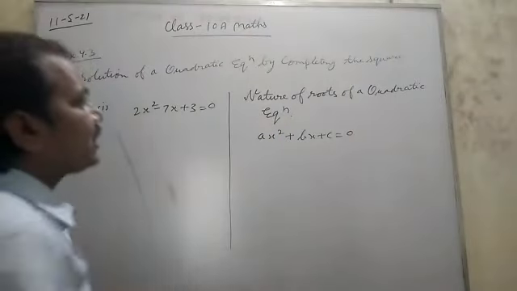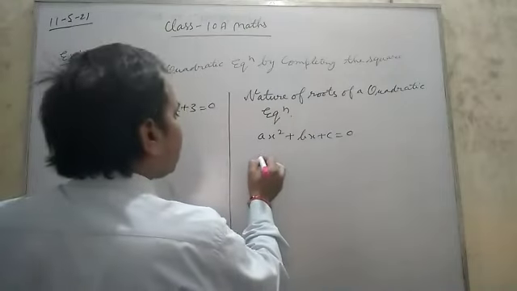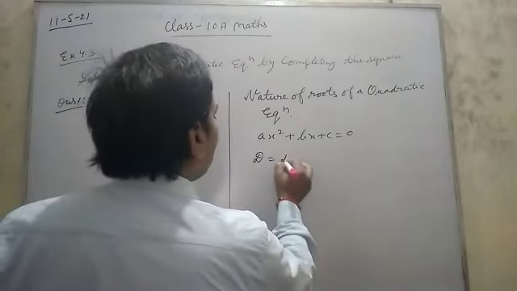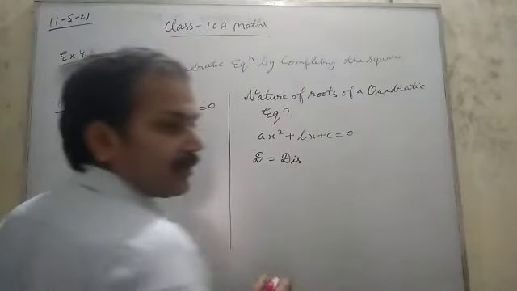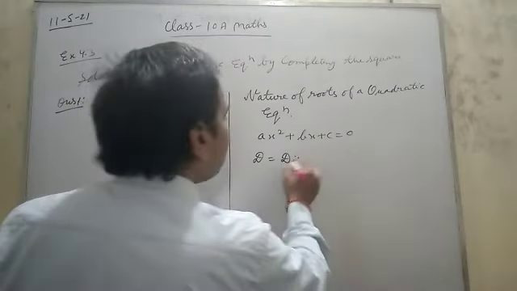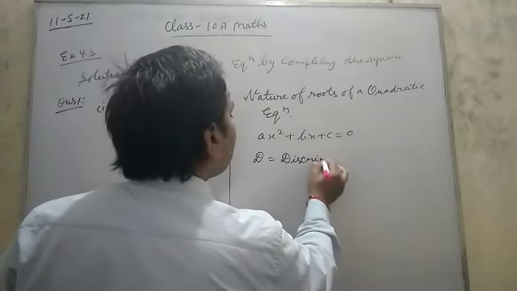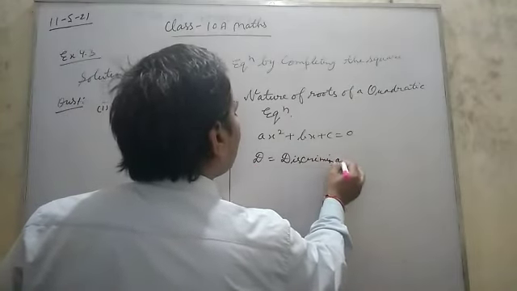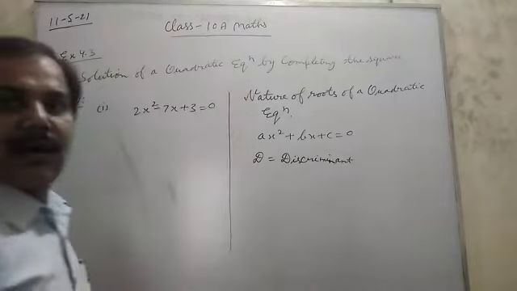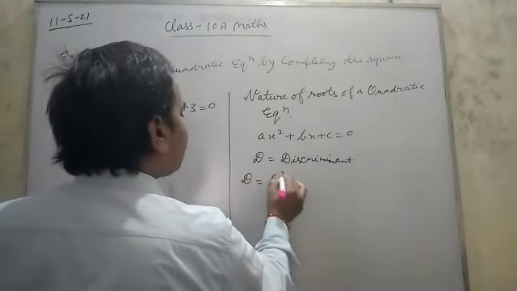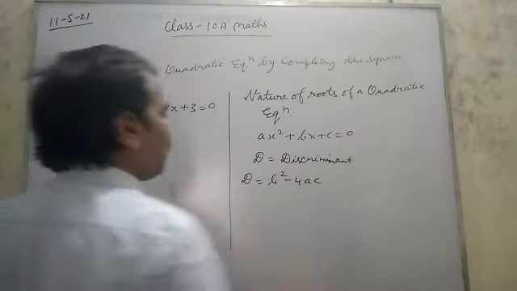Okay. So nature of roots of a quadratic equation, in that we find the discriminant D, represented by D, and D is equal to b square minus 4ac.